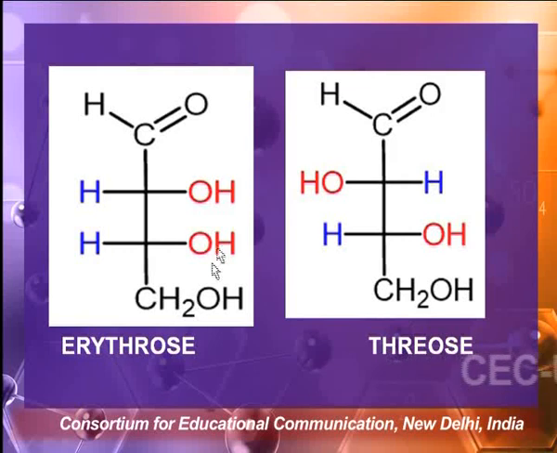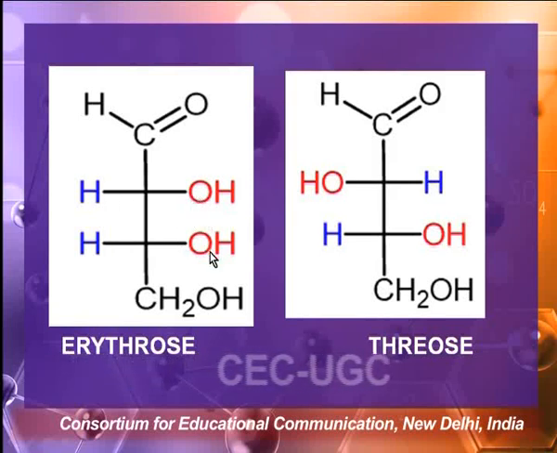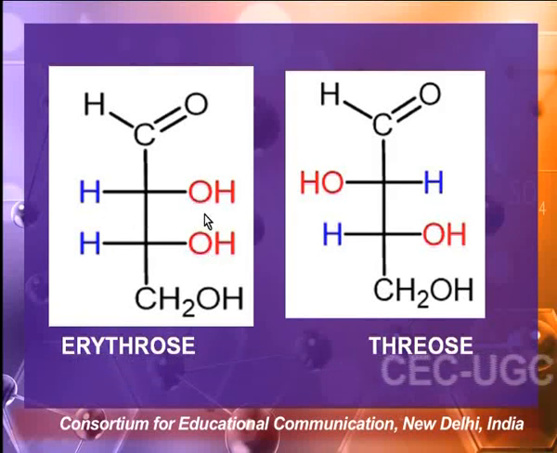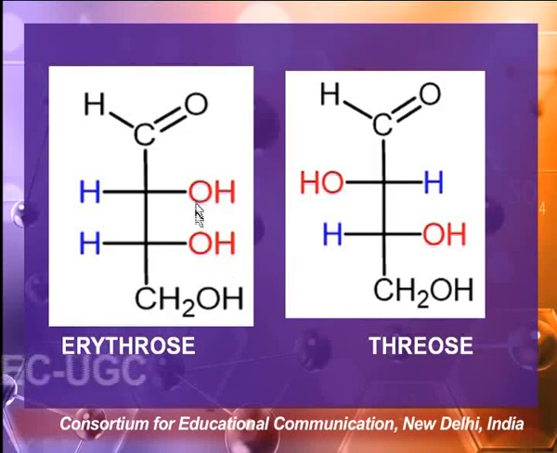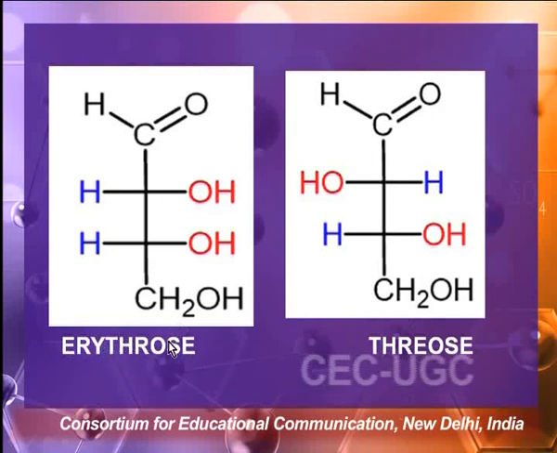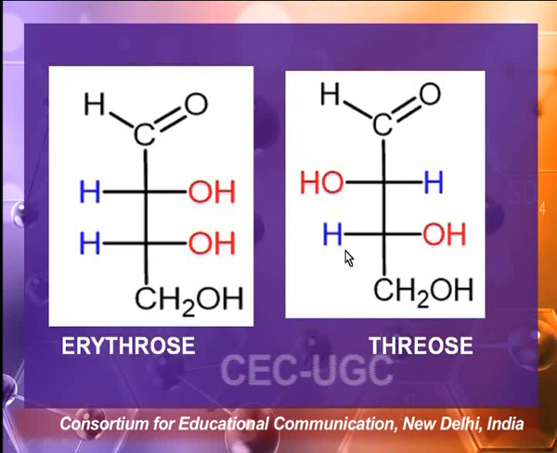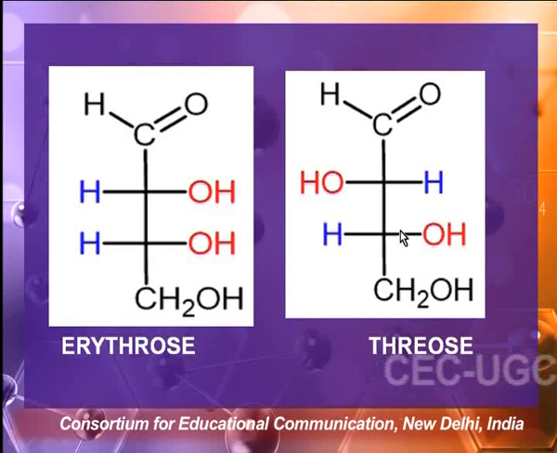CH2OH group. So when we talk of the orientation of the OH, these two OH groups are identical. When these two OH are on the same side of the horizontal lines, we say that this is the erythrose sugar, and when they are on the opposite sides of the horizontal lines, we say this is the threose sugar.